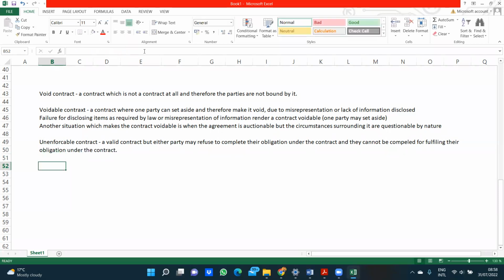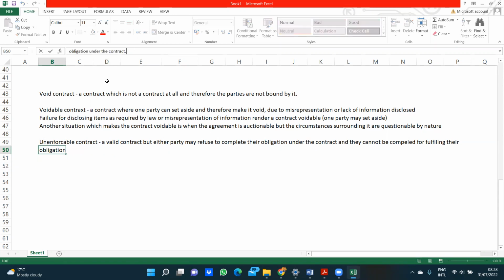So it is first of all a valid contract, but either party may refuse to complete their obligation under the contract, and they cannot be compelled to fulfill the obligation under the contract.